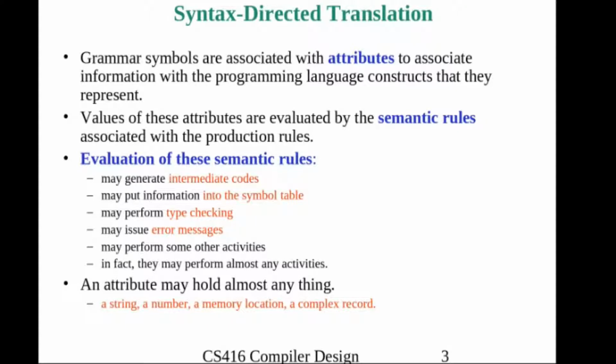We may also perform type checking, because while evaluating the semantic rule we will get types, and we can check whether the types match perfectly. If it is wrong, then we can produce an error message. Moreover, the evaluation of semantic rules yields many things, and there is a lot of activity that we can do by evaluating the semantic rules.